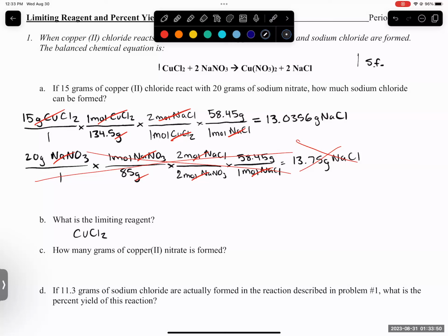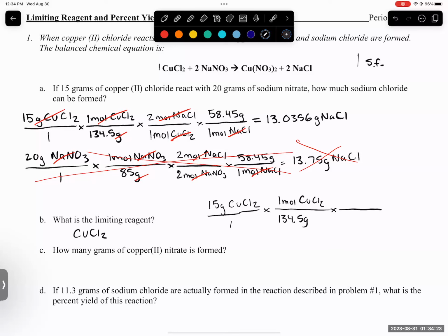Yeah, exactly. So we know that copper chloride is our limiting reagent. So we're going to start with our 15 grams of CuCl2. And we're going to convert that to moles of copper 2 chloride. And then instead of converting it to moles of sodium chloride, we're going to convert it to moles of copper 2 nitrate. Good job. 134 grams for 1 mole of CuCl2.